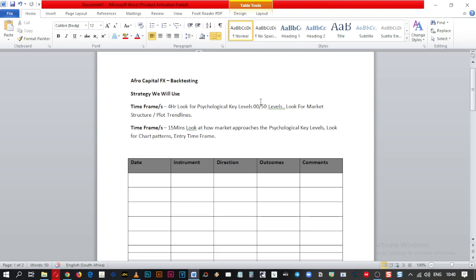We're entering them on the 15 minutes. If you want to narrow down the noise, you can look at the 5 minutes and the 1 minute, but you should put those aside. We have been looking at the 4 hours and the 15 minutes only.